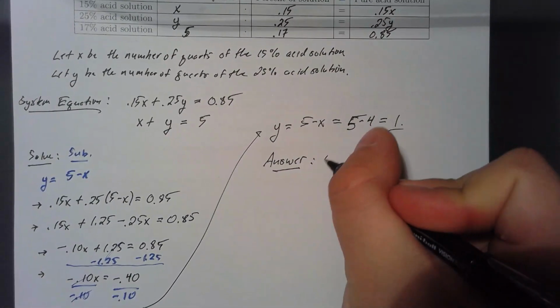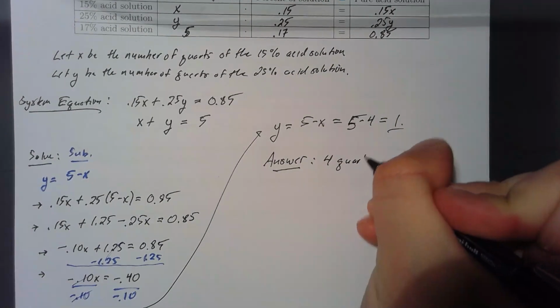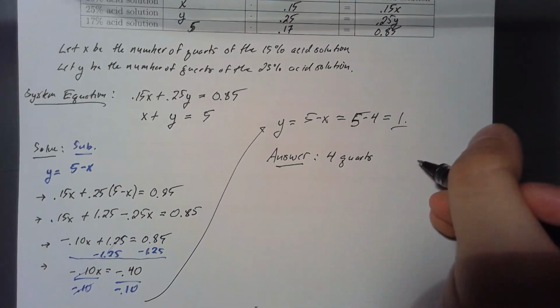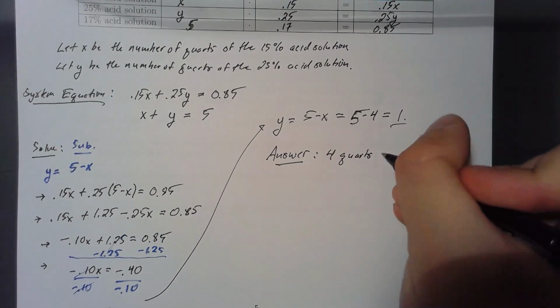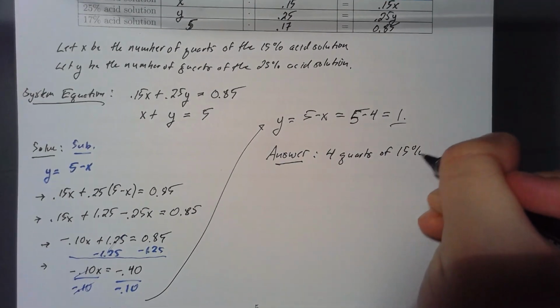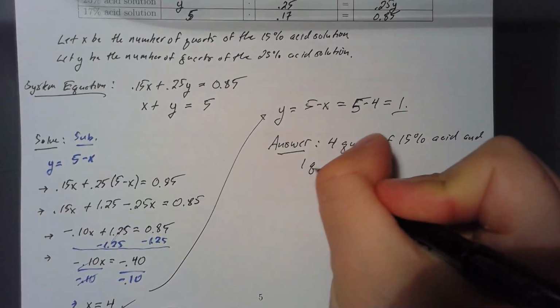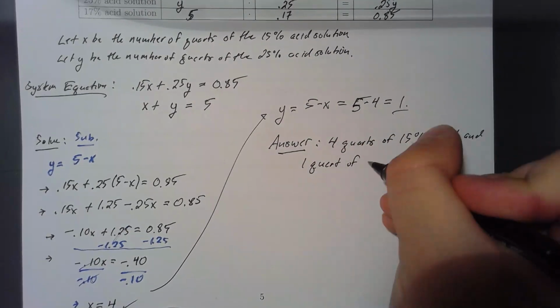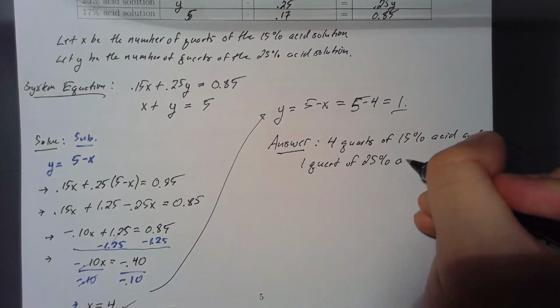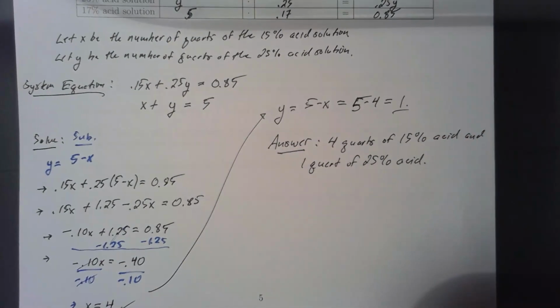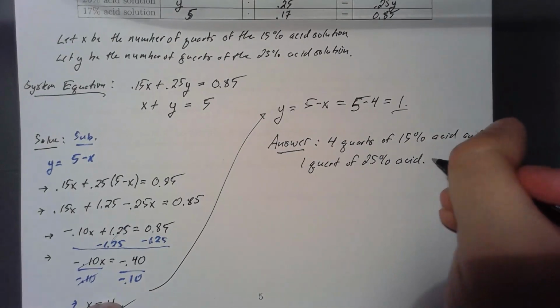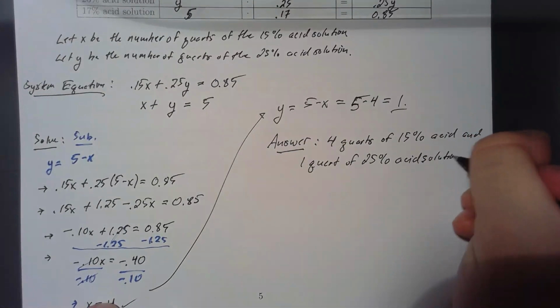So we need 4 quarts of 15% acid and 1 quart of 25% acid. I'll just say solutions.